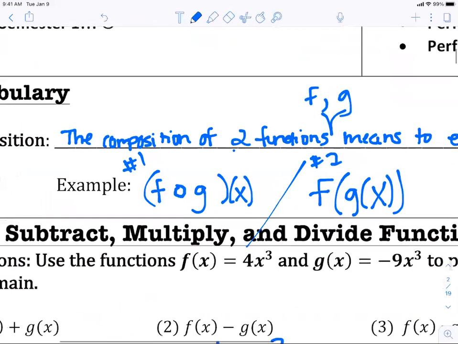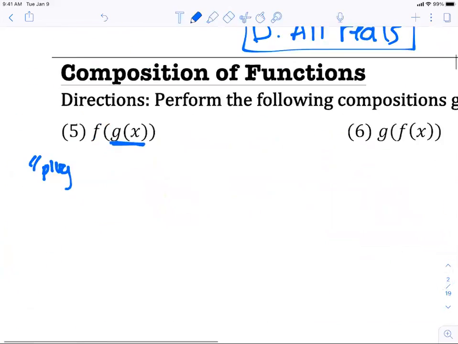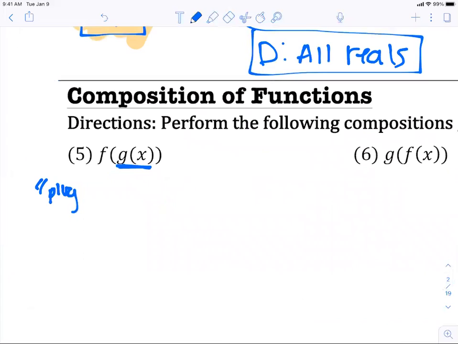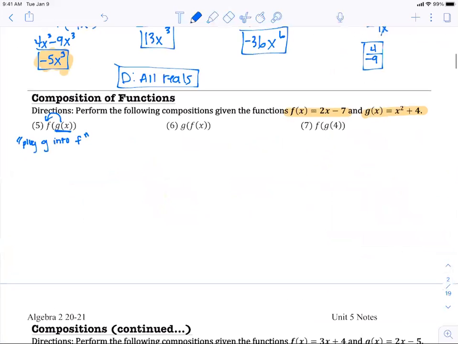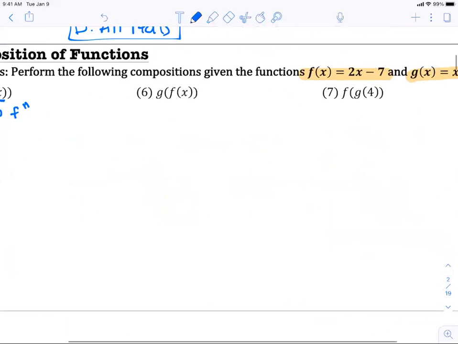If it was the first form, it would be the letter listed second. Here it basically means plug g into f is what a composition is asking you to do. So everything that g of x is equal to, you're going to plug in anywhere there's an x in function f. So this is what it looks like.